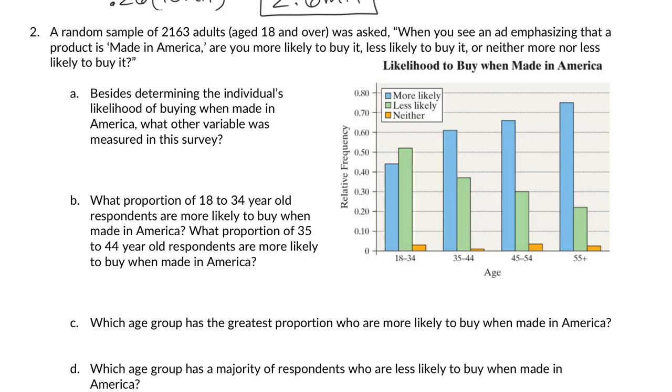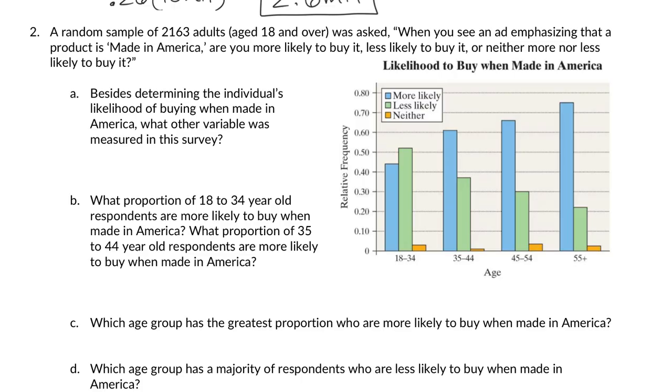This one says, a random sample of 2,163 adults aged 18 and over were asked the question, when you see an ad emphasizing that a product is made in America, are you more likely to buy it, less likely to buy it, or neither more nor less likely to buy it? Besides determining the individual's likelihood of buying a product made in America, what is the other variable that we have measured in this study?